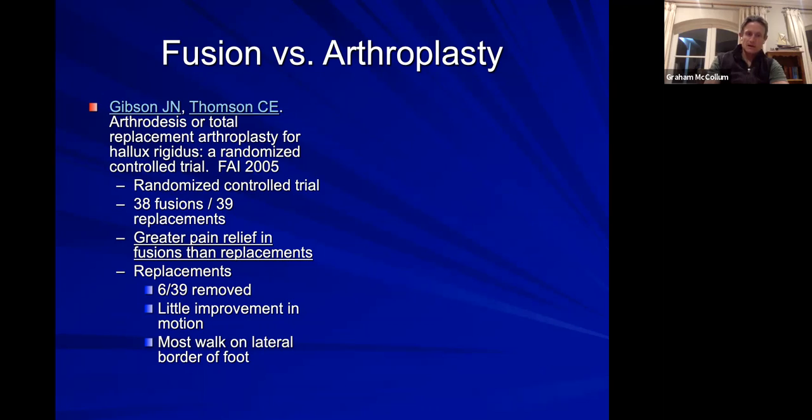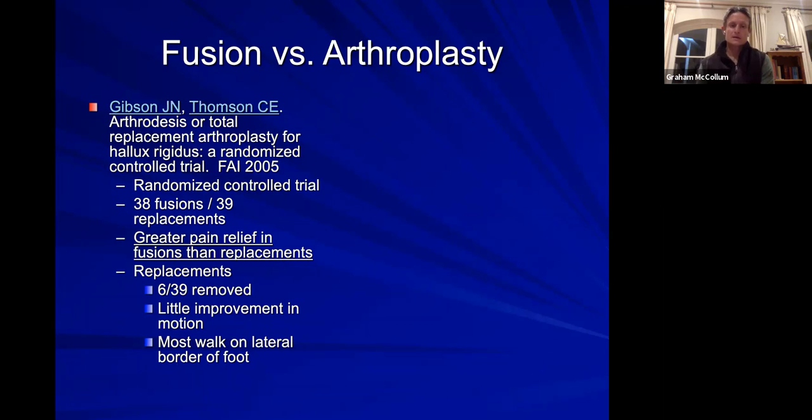And I kind of revert to the study when patients ask whether they can have a joint replacement, because there have been about 3 or 4 similar randomized controlled trials, showing that the arthroplasties have greater pain than the fusions, and that a high percentage of patients have the implant removed, and removing the implant leaves a big bone void.